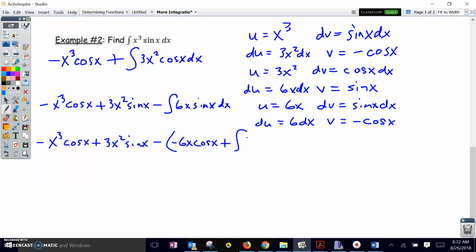So again, I'm going to pull that negative sign out in front of the integral there. And I guess I'll distribute my negative sign.